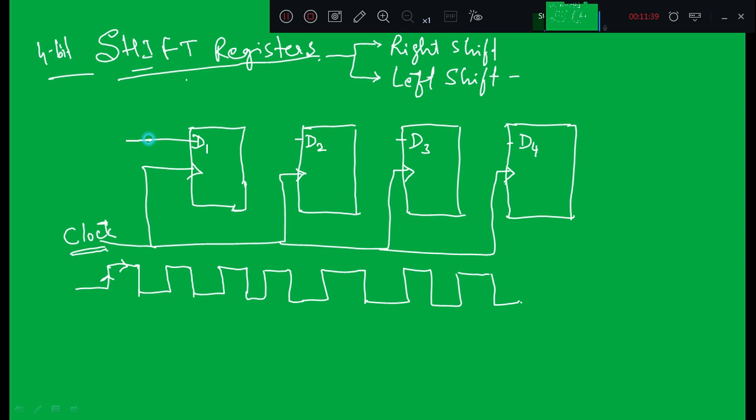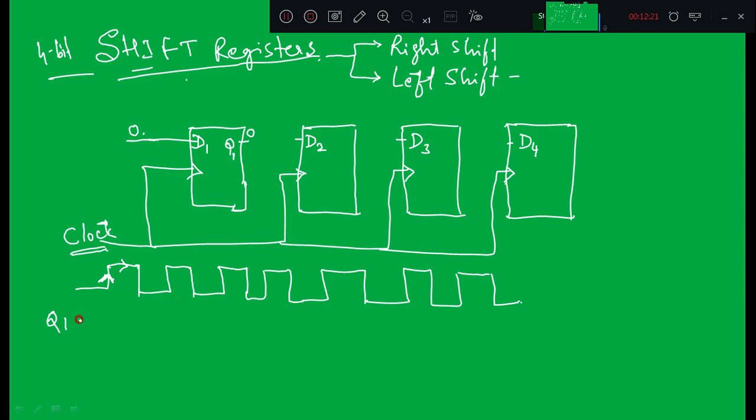Now what happens when the data is loaded using the first flip-flop? Here it is Q1. If D1 is equal to 0 and I apply the rising edge of this clock, this particular flip-flop is enabled. Since the input data is 0, the same output you will get, so Q1 is equal to 0. Let me draw the waveform of Q1 as well.